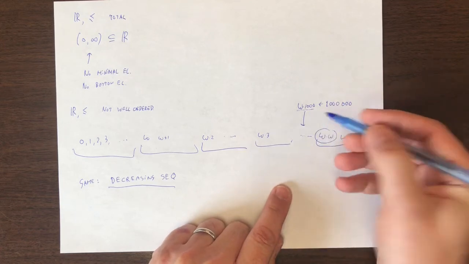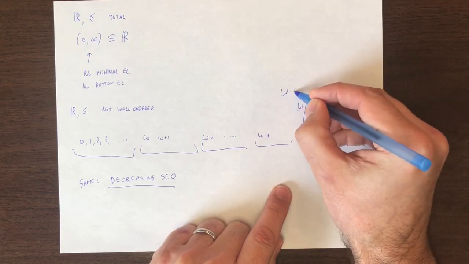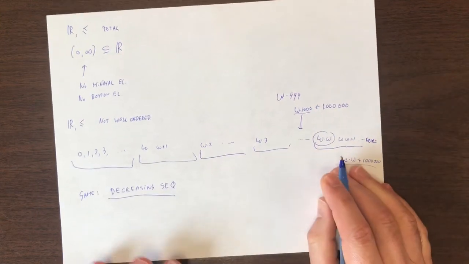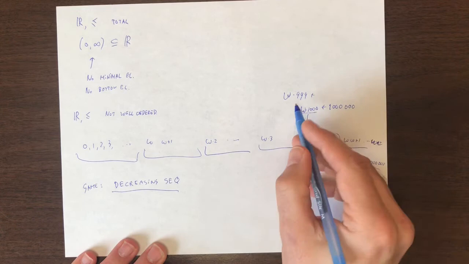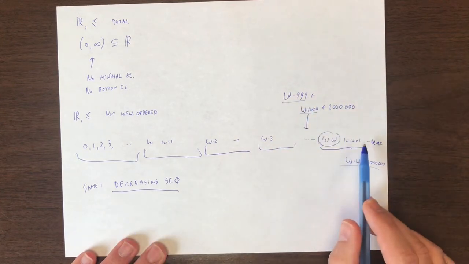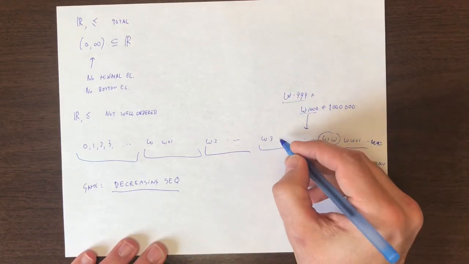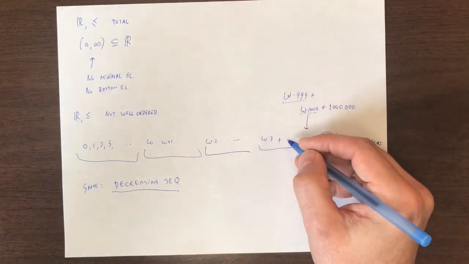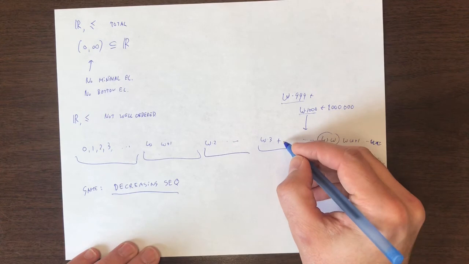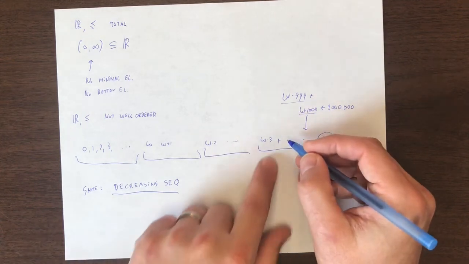Well, then after a million steps, I'm going to be forced to pick something that's less than this. Let's say omega times 999 plus, say, 1 trillion. Then after 1 trillion steps, I'm going to have to pick something that's less than this. So after some time, I might end up at omega times 3 plus, say, a googol or some really ridiculously big number.